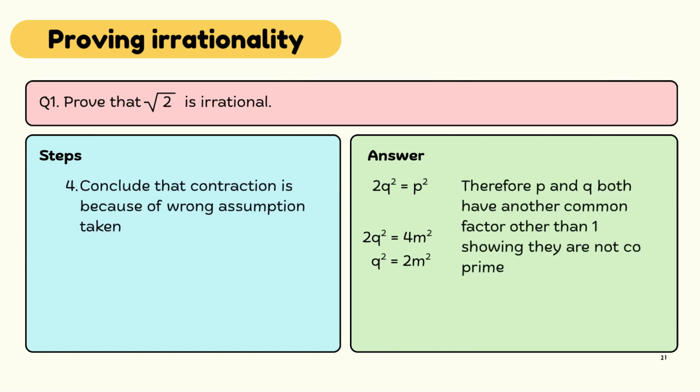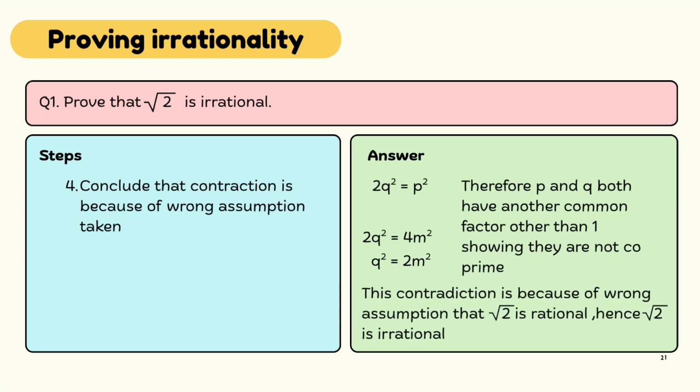Now we conclude that this contradiction is because of the wrong assumption. So we say that this contradiction is because of the assumption that root 2 is rational, hence root 2 is irrational. This is how we prove that a number is irrational, by first considering it as rational and then contradicting.